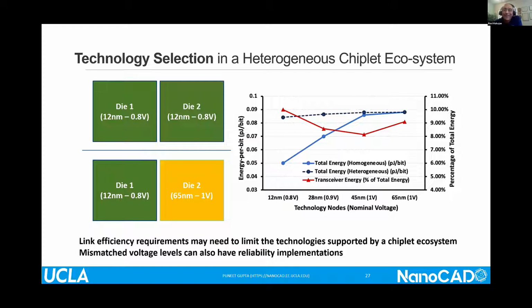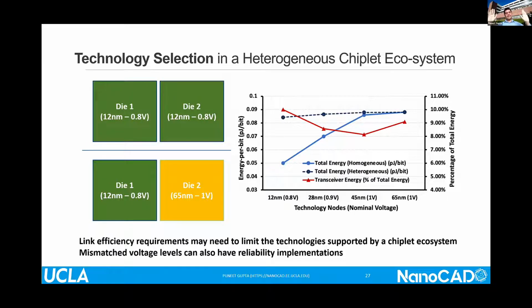I'm going over time. Since we talked about chiplet ecosystems, I wanted to just highlight one small thing: when I designed chiplet to chiplet interfaces, surprisingly, nobody talked about heterogeneous technologies sitting on either side. Because imagine a case where I have two 12 nanometer die connected to a chiplet interface, that chiplet interface could run at core voltage, 0.8 volts.